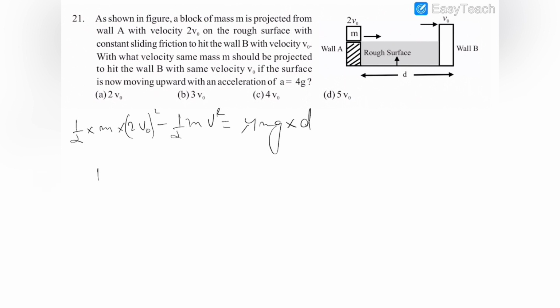So this is half m into 3 v naught square, and that is equal to mu mg d. So you can see that v naught square is equal to 2 by 3 of mu g d.